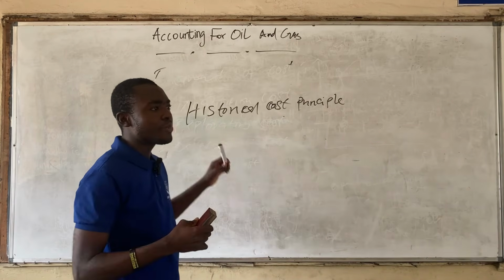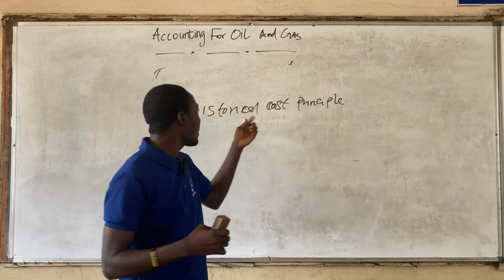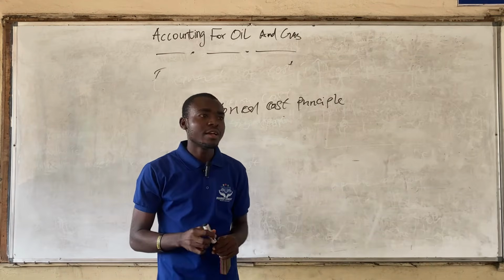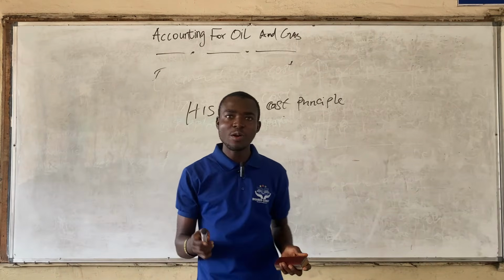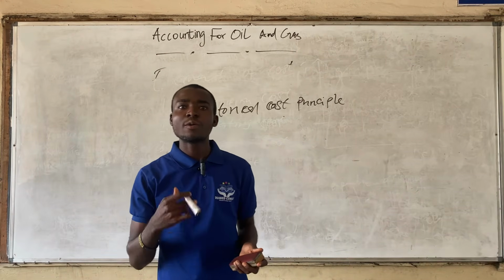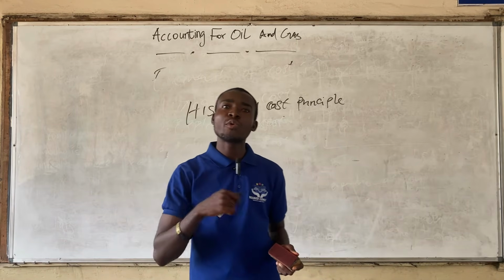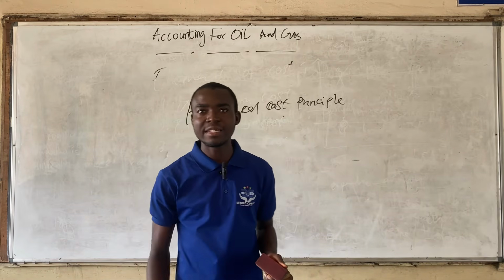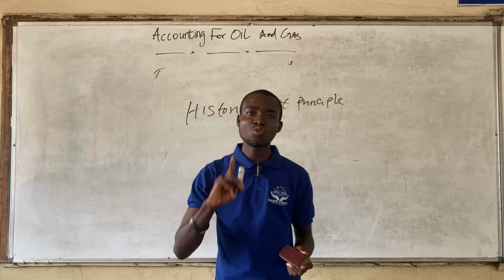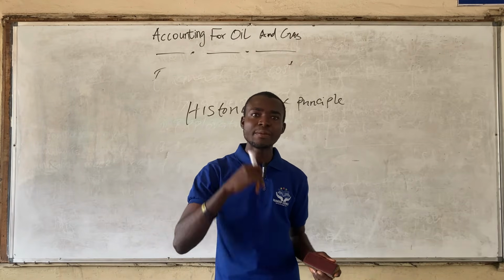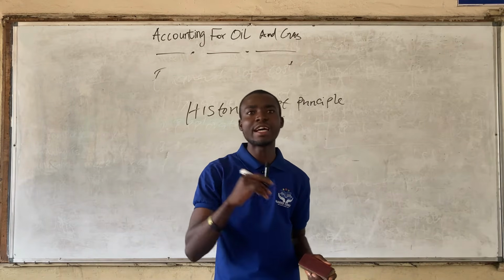So the rationale behind the historical cost principle is that the amount for the asset to be recorded in the books of the organization must be the actual cost that the organization paid when they were acquiring the asset.